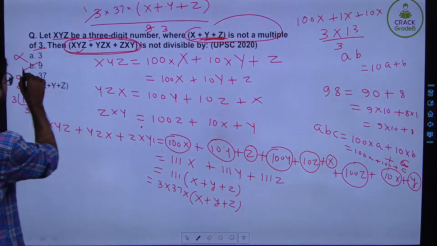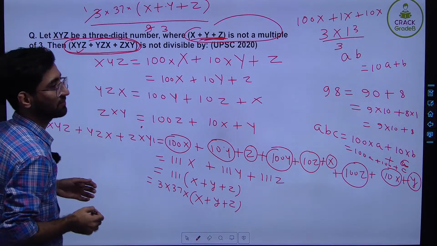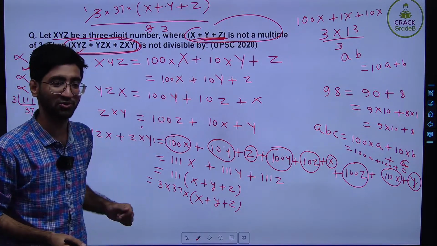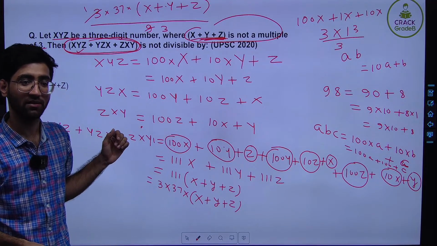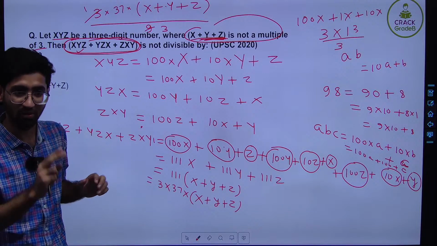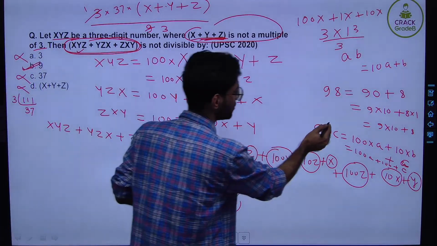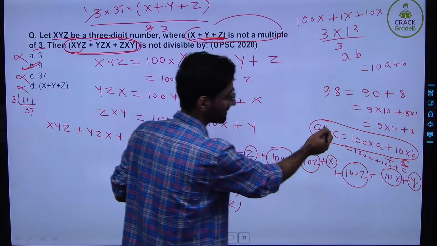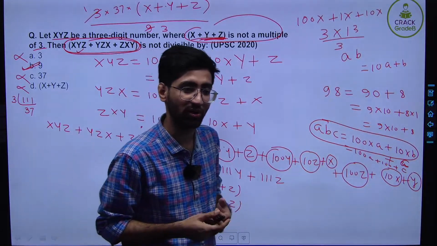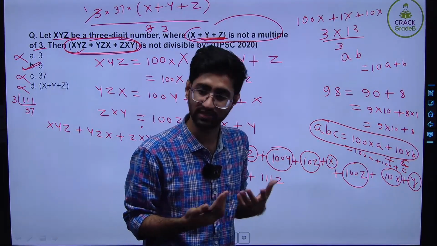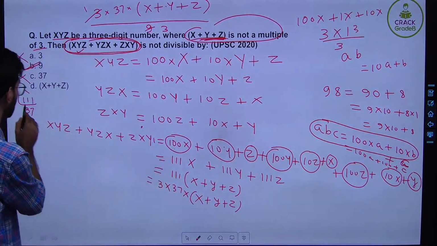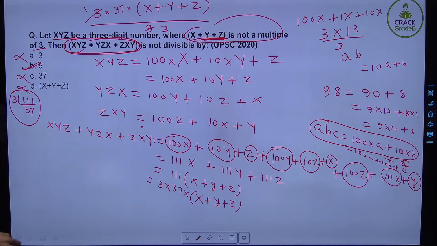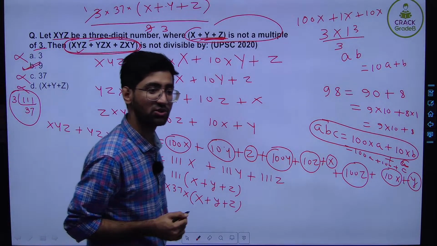But listen, even if you are not able to use that property, even if you are not able to use this line, you can still answer this question by using only two concepts that you should know. ABC equals 100 into A plus 10 into B plus C. And again, you should know that you can prime factorize 111 as 3 into 37.